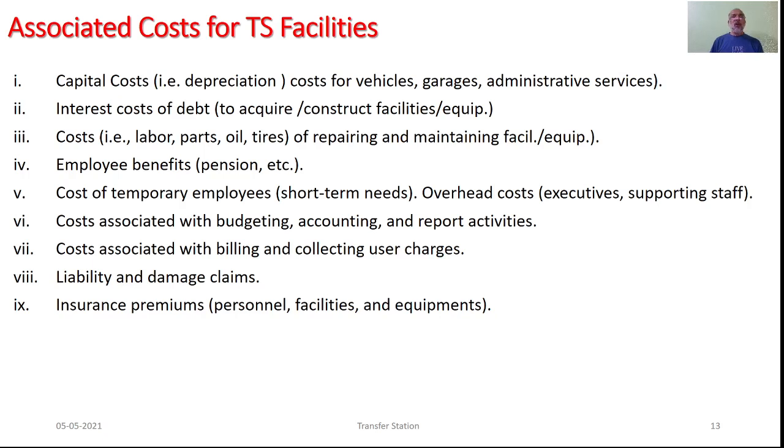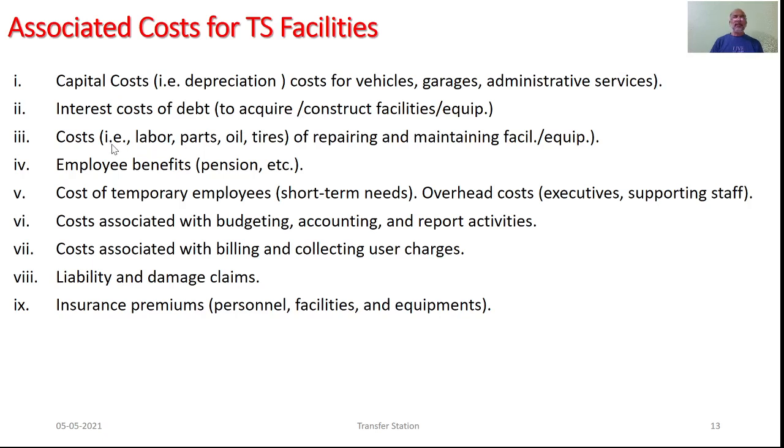There are many costs that are associated with the establishment of transfer station facilities. So there could be capital cost, so cost of vehicles, garages, administrative services. Also there would be interest cost of debt, which could be because of acquiring the construction facilities as well as equipment.